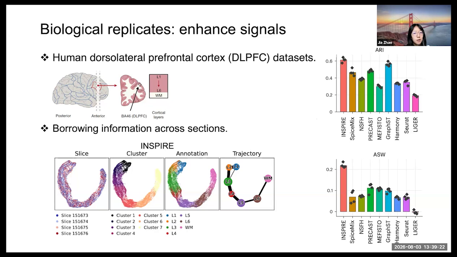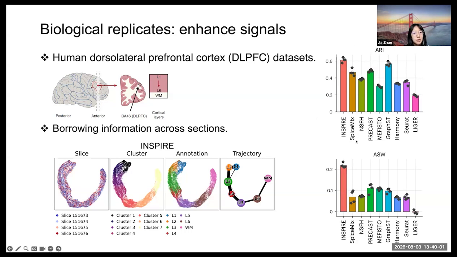As an initial step, we focus on the benchmarking dataset in the field, which is the DLPFC dataset, and we show that after jointly modeling multiple sections, we achieve better scores quantitatively for uncovering the structure, because we can really borrow information across different sections in not only the latent embeddings, but also the spatial factors. Those are very important components to borrow information across sections.